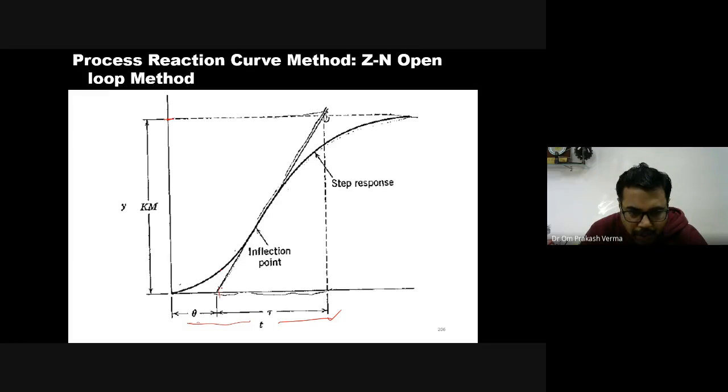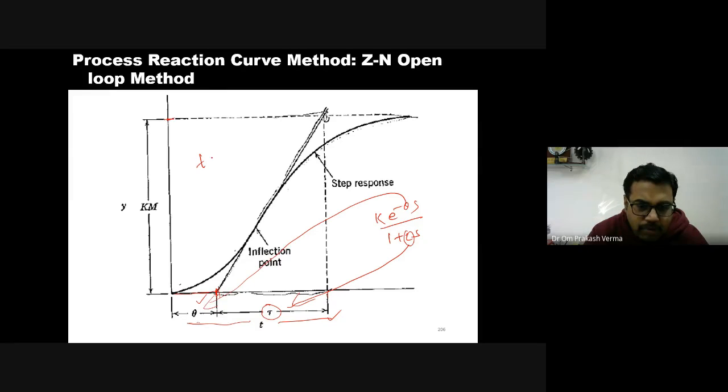And this first portion, that is the time delay, propagation delay or transportation delay, is represented by theta, and then the remaining portion is your tau, that is the time constant of the process, in e to the power minus theta s upon 1 plus tau s, K. So you can calculate tau from this. Theta you have already calculated, because T is equal to theta plus tau from the response.